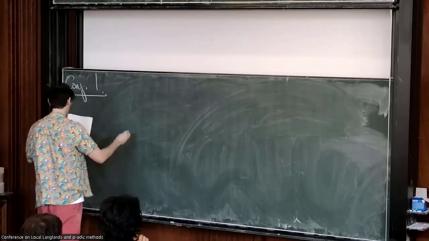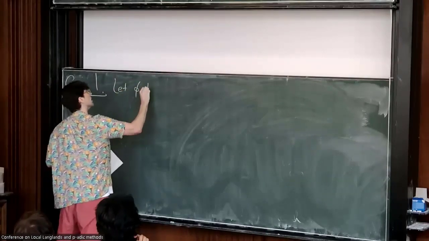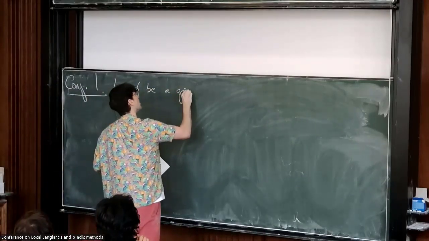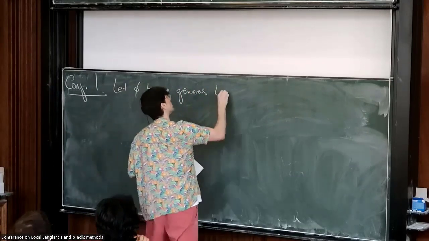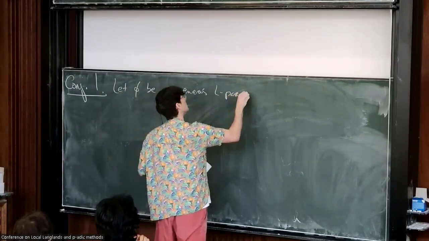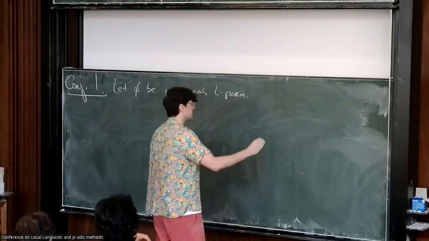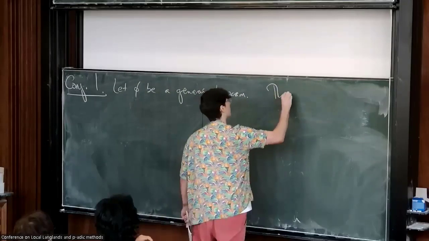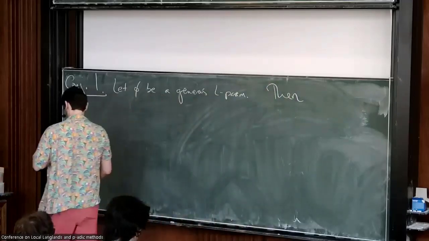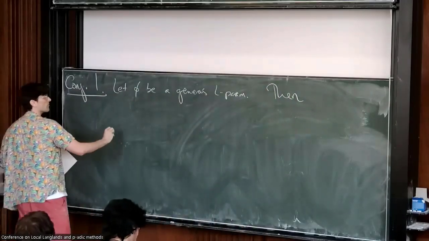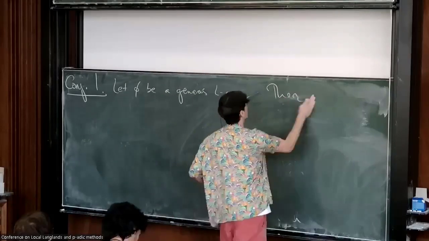So first, conjecture one, so let phi be a generous L parameter. So this is somehow the master conjecture in this setting. So then you can do the following thing.